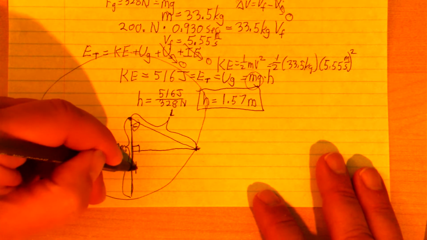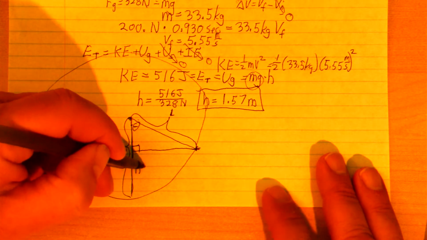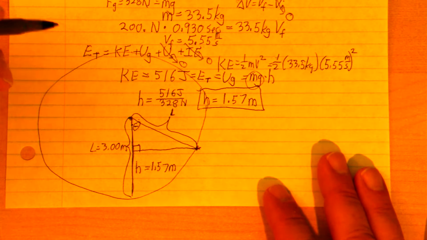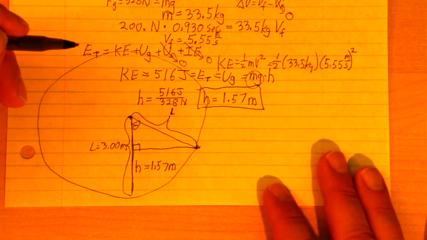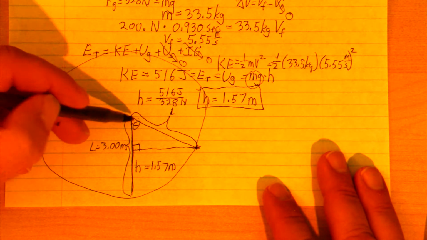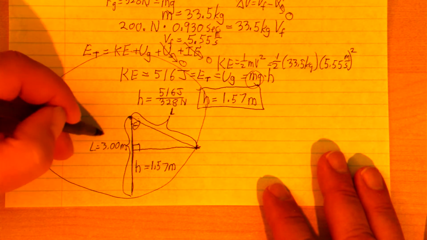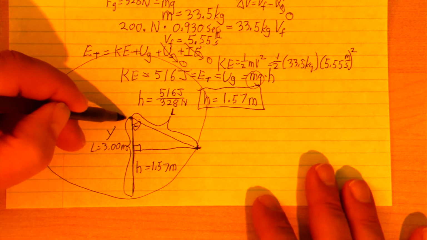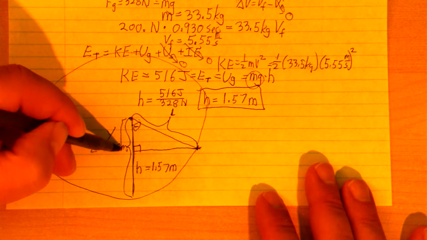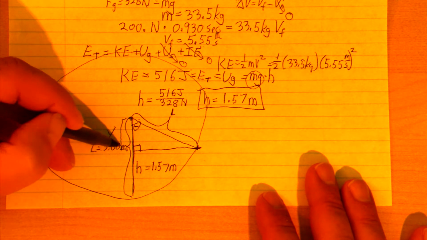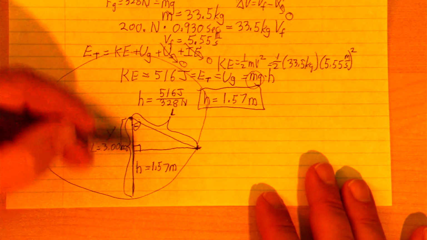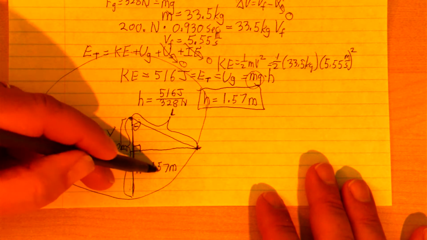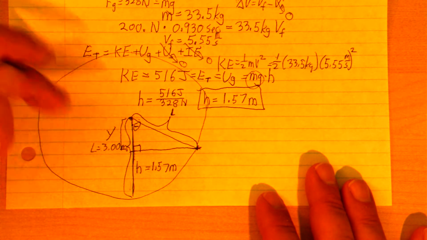The height that she reached, we know, is 1.57 meters because we just finished part A. This means we can solve for, I'll call it y, the difference between 3 meters, the full length of this, and her height above the ground, 1.57 meters.